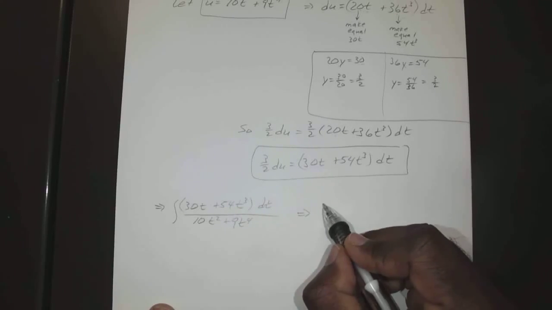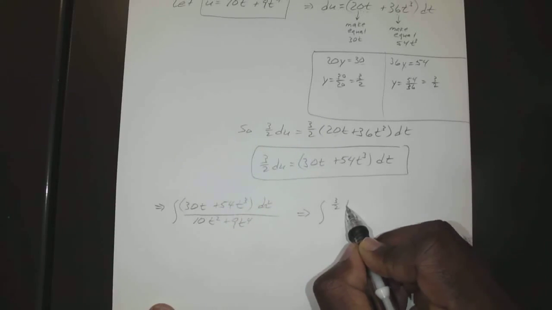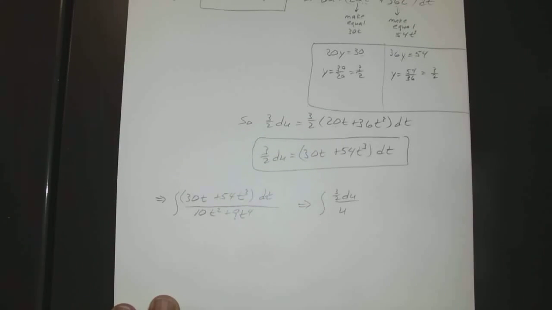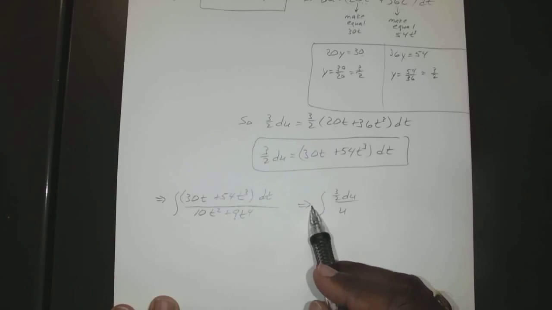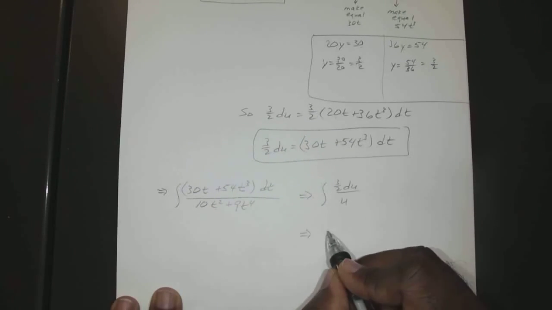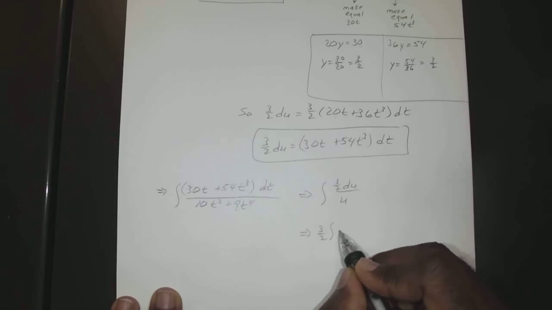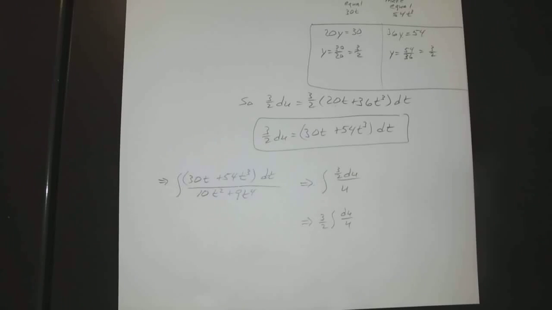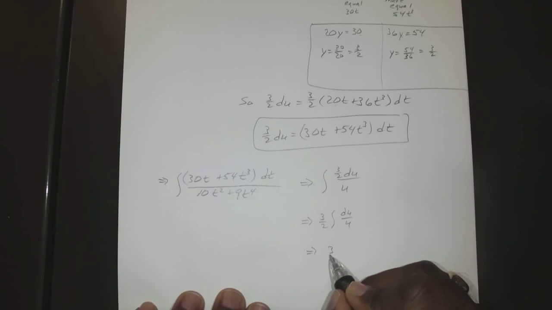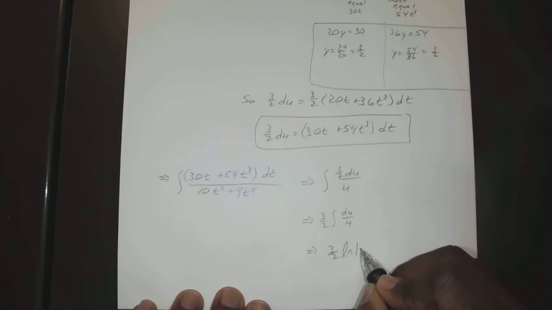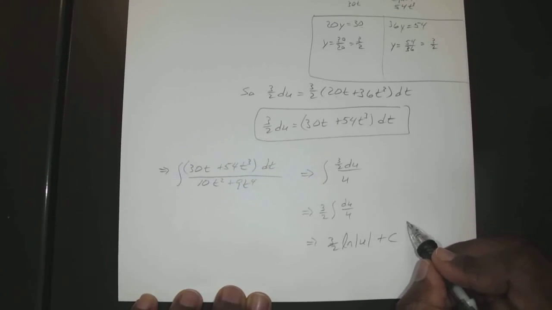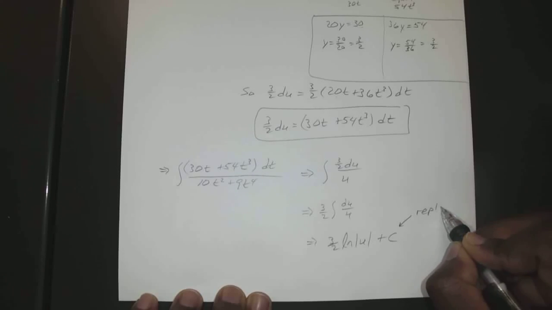So we can replace all of that with 3 over 2 du over u, which means we can just factor out that 3 over 2 times the integral of du over u. Okay, so that's going to give us 3 over 2 times the natural log of u plus c. So all we have to do now is replace u.